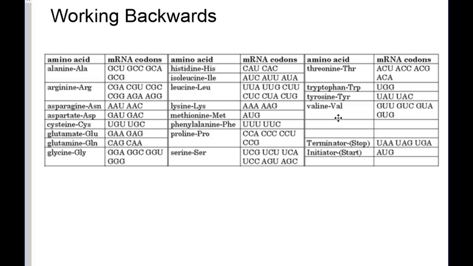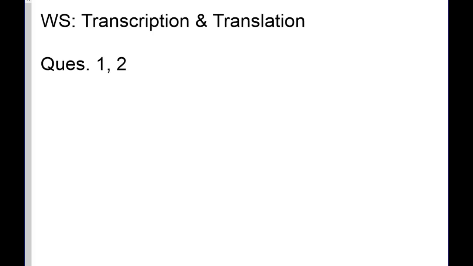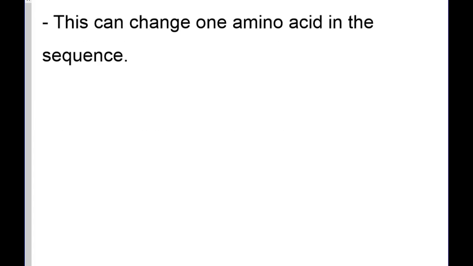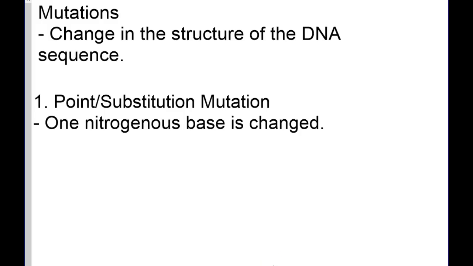For example, with the change in amino acid sequence with sickle cell anemia, that's pretty significant. So it depends. I hate using that word, but it really does depend. Well, if we change just one nitrogenous base, let's do the practice.